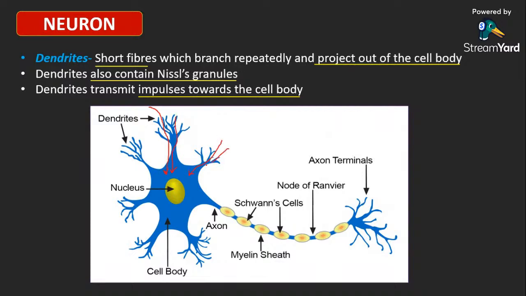That is the main function of the dendrite. These dendrites collect the nerve impulses and transmit them to the cell body. Clear? From the cell body, the impulse is going to pass through the axon, depending upon the myelinated and non-myelinated neuron, and it will come to the axon terminal, and it will be released onto the dendrites of the other neuron.